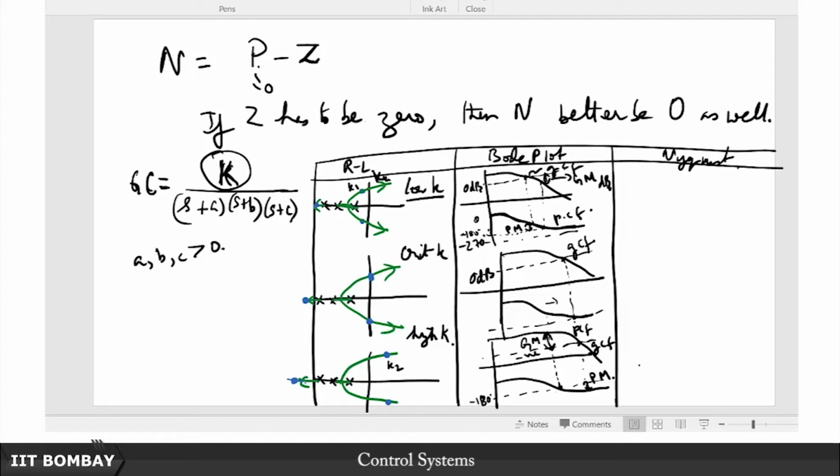But if you kept that value of gain, then both your gain margin and phase margin will be negative and your system, which was open loop stable, will now become unstable in the closed loop.